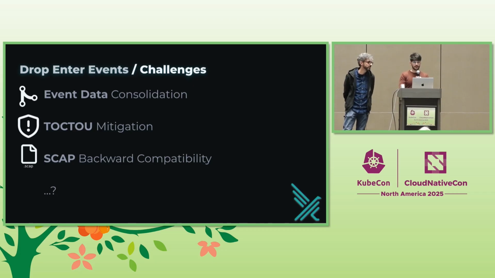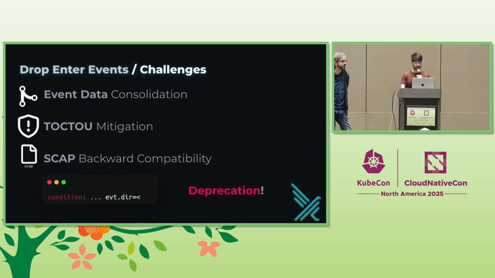As a final note, and this is important, I would like to say that we strive to minimize as much as possible the amount of user-facing changes. But as you can imagine, we have deprecated the concept of direction because we don't have enter events and exit events anymore. So this is the only notable, let's say, user-facing change that we made.